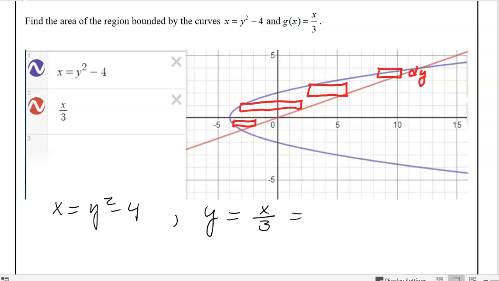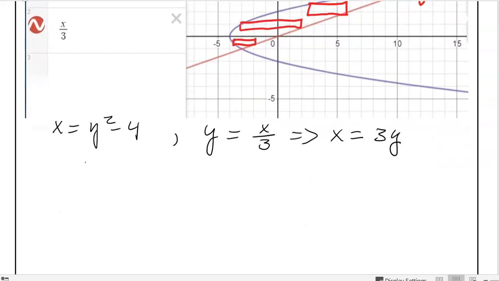I can solve the second equation easily for x by multiplying both sides by 3. Then I can equate the two expressions to each other. This leads to y squared minus 4 equal 3y. Remember to get everything on one side of the equation so that you can solve the quadratic equation.